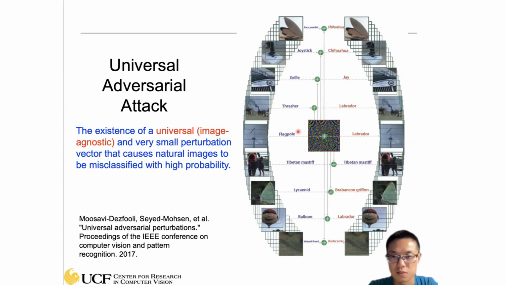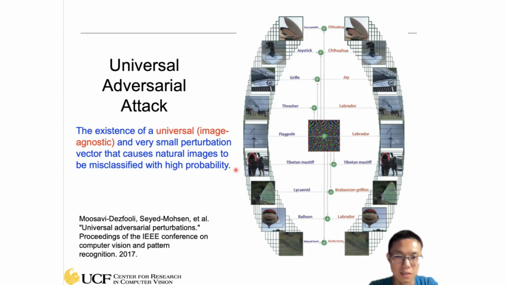But can we just generate a single perturbation? Using the same perturbation, we add it to all the images in the data, and the resulting images are very successful in fooling the machine learning model. This is called a universal adversarial attack.